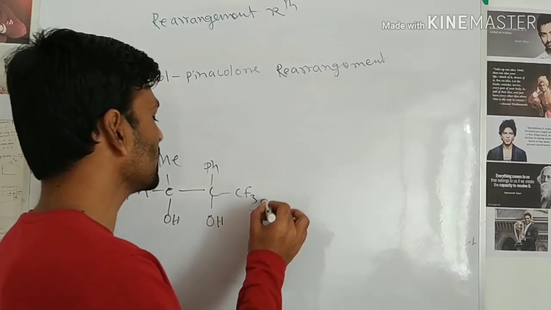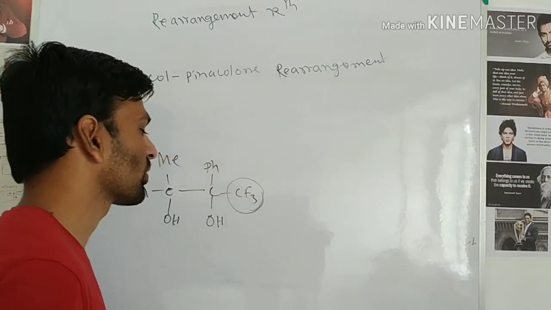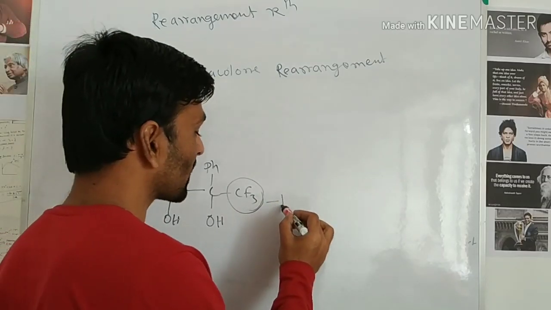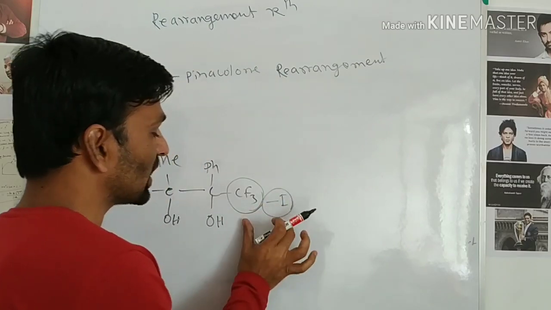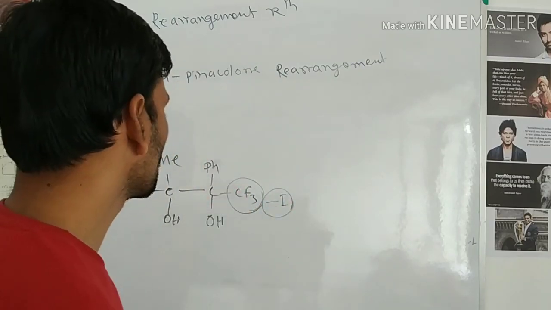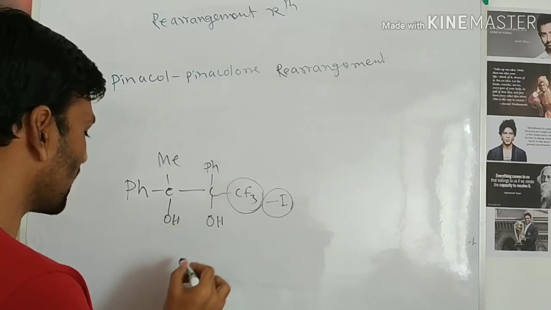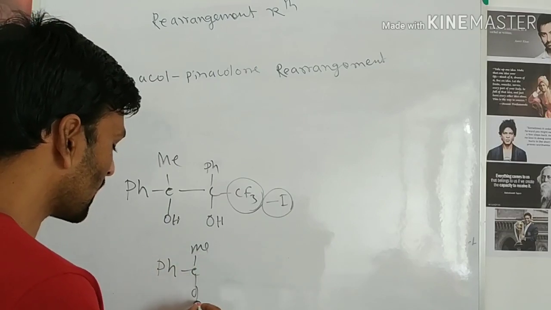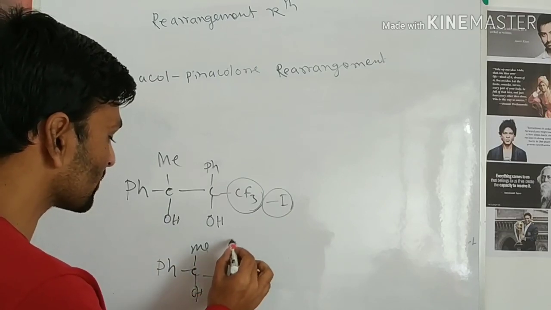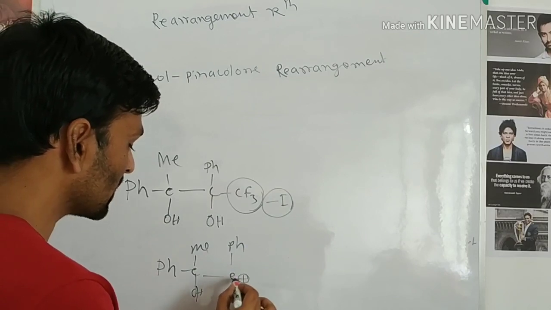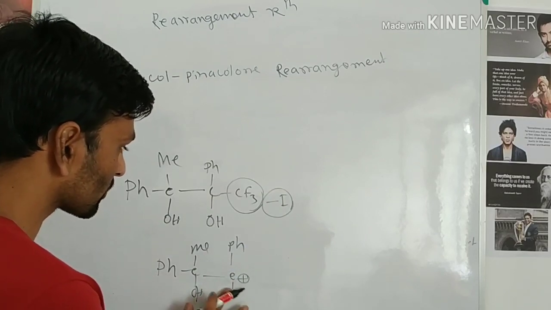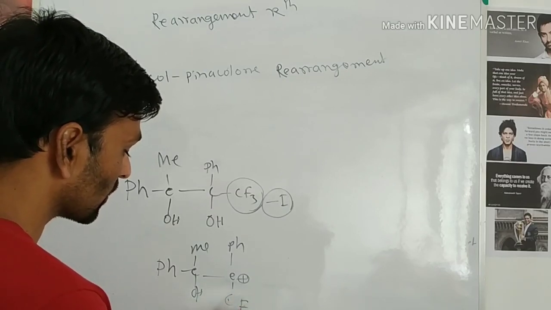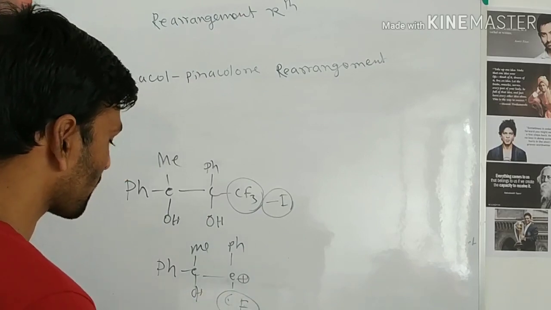Now the CF3 group is electron withdrawing, with a minus I effect. So the formation of a carbocation here is highly unstable due to the electron withdrawing effect of these groups.